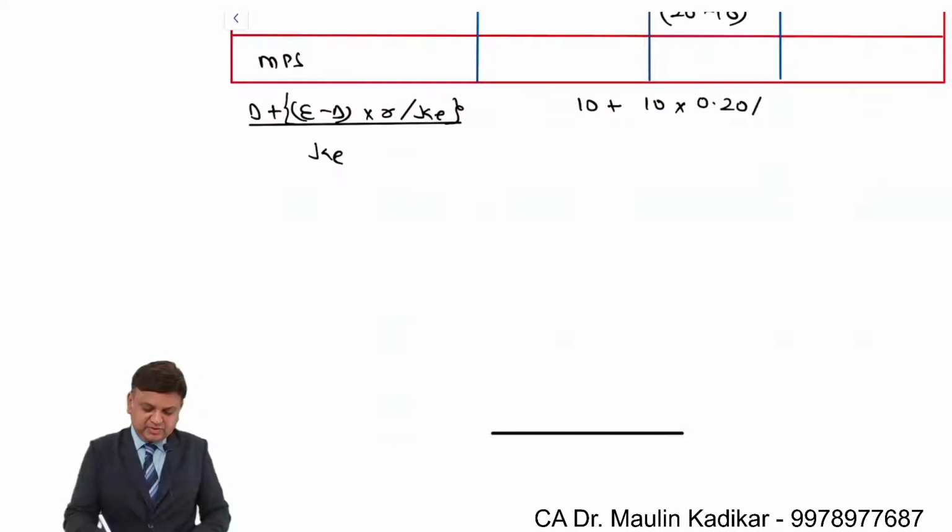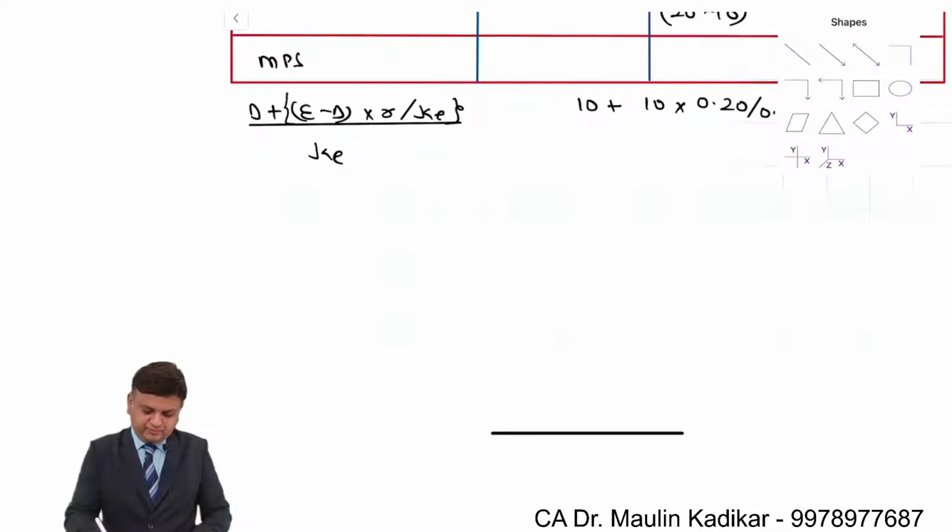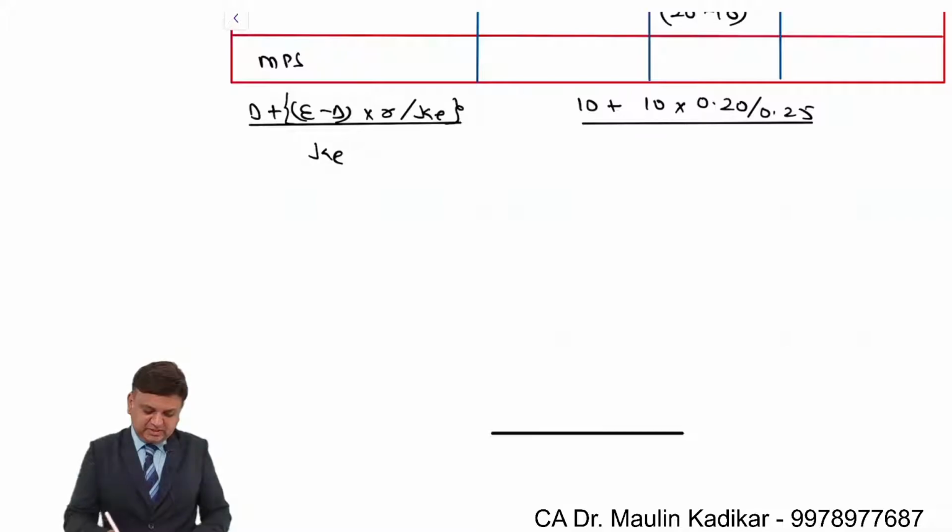Cost of equity is 25%. Whole divided by 0.25 once again. That is the way the answer is calculated.